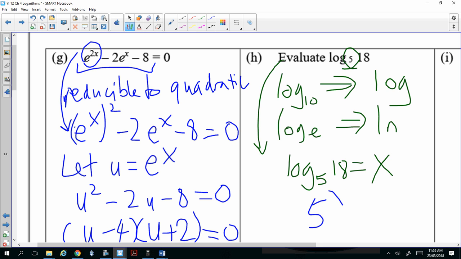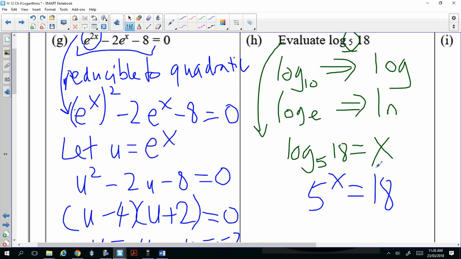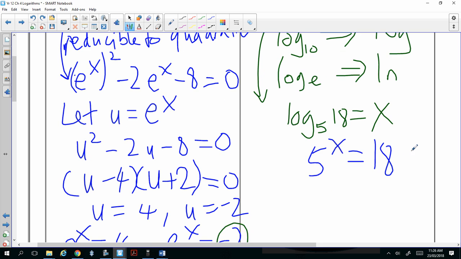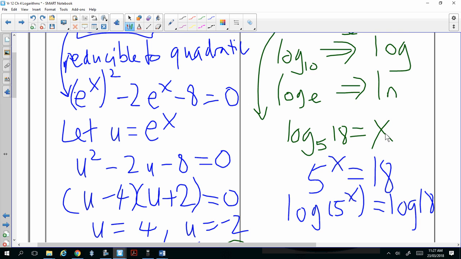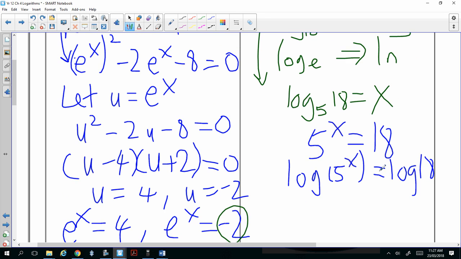To solve this, we just have to log both sides: log 5 to the power x equals log 18. Okay? So we don't really need all the log buttons, right? You just need one log button and then write it in this form, and then bring that x down. Then we can work out what x is.